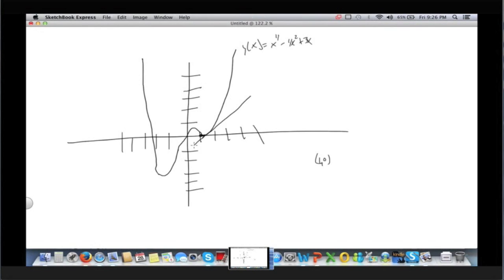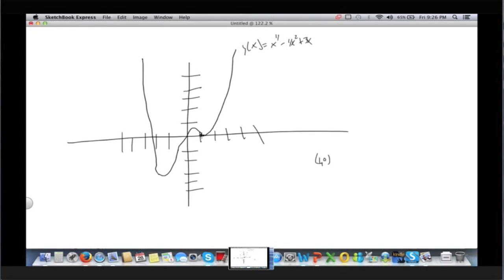What's the point that the tangent line is going through? 1, 0. Right. So put your cursor there. Is the graph upward or downward sloping at that point? It's downward sloping. So that means the tangent line must be downward sloping too.